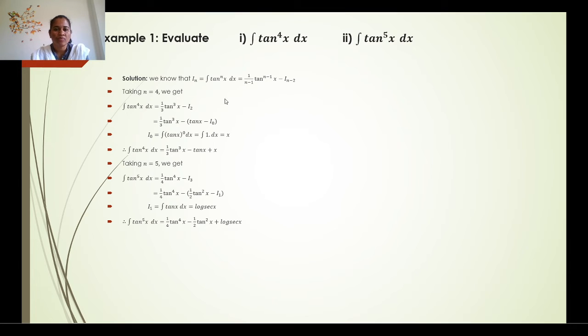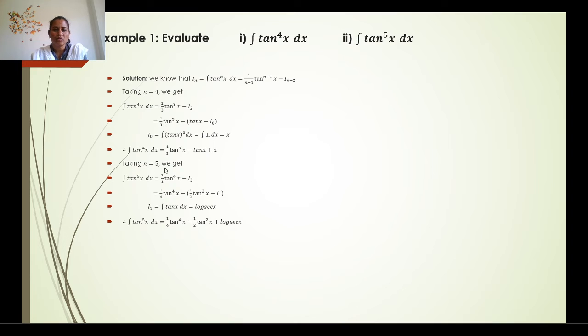Then we get 1 by 3 tan cube x minus I of 4 minus 2, that is I2. Then 1 by 3 tan cube x minus, what is I2? I2 is tan x minus I naught. Again here find out I naught. The integral of tan x to the power of 0 dx is x only. So we get the final answer 1 by 3 tan cube x minus tan x plus x.